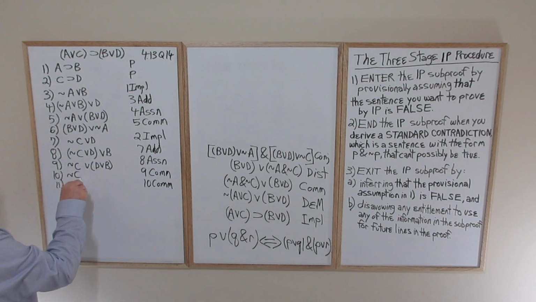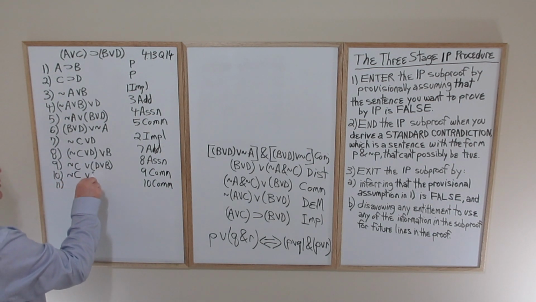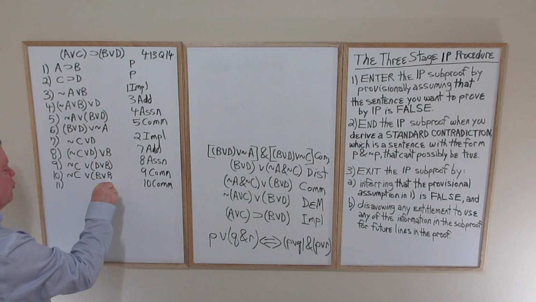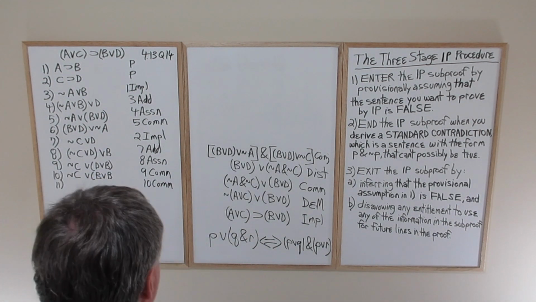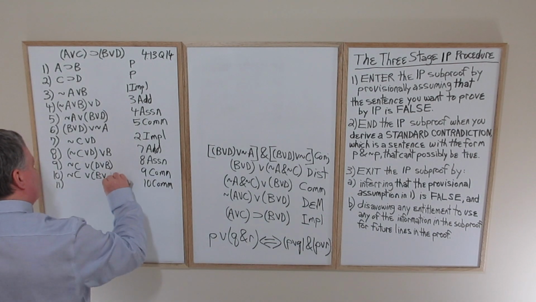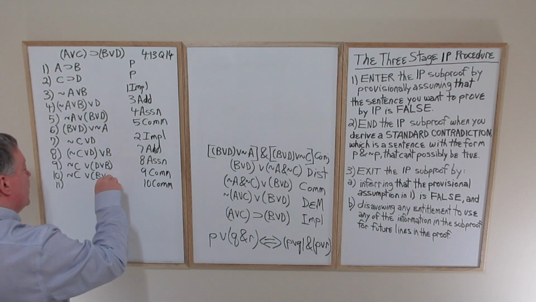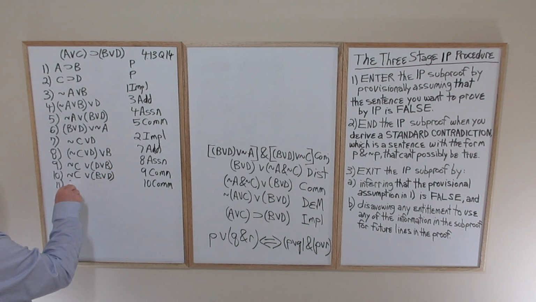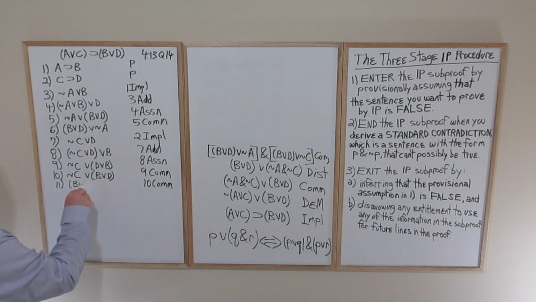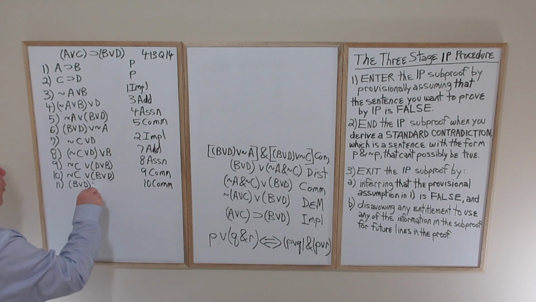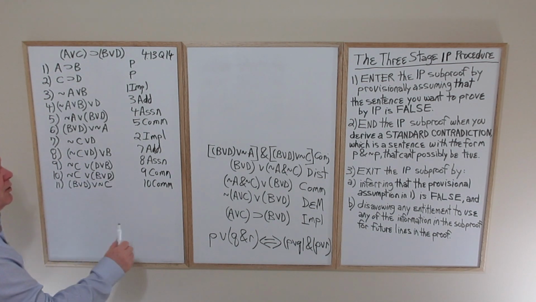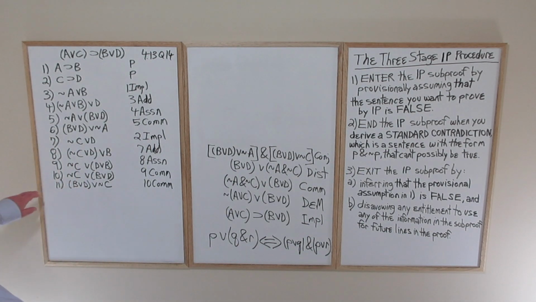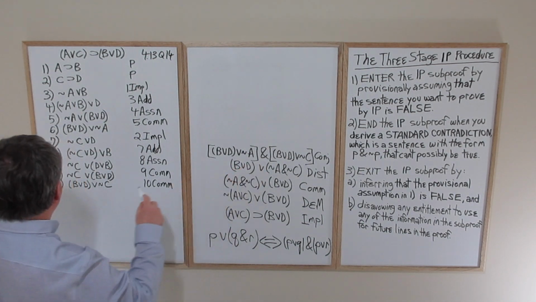So the commutation on line 10 will give us tilde C, or, not B or B, but B or D. Then the commutation on the entire line will give us B or D or tilde C. So that's the second of the two conjuncts that we need.